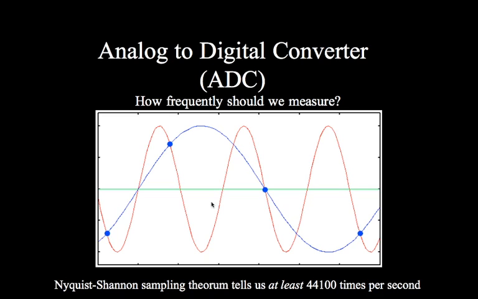Now, the computer doesn't see the continuous change in time and amplitude, right? It just sees these dots. It just sees now, measure now, measure now, measure now. So the computer has to decide, okay, what actually happened between these measurements? What happened in between each of these blue dots? Again, the sound coming in is the red sound.